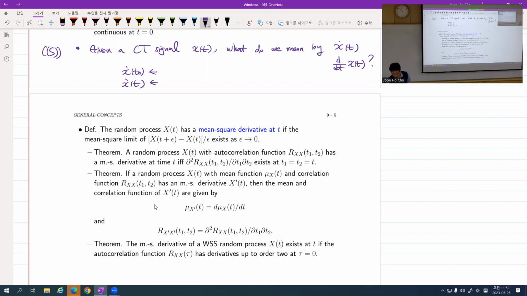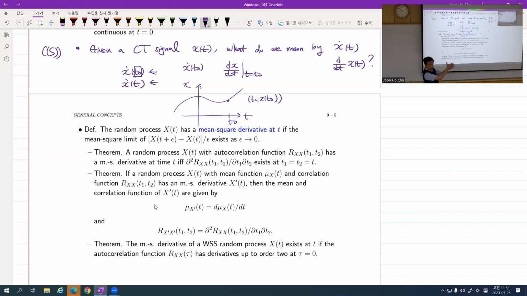So let me ask you, given a function x(t) and you choose some t0, what do you mean by x dot(t0) or dx/dt at t equals t0? You have some very qualitative definition from your high school. What was that? You started from the slope, right? So this is t and this is x. And suppose you have a smooth enough function of t and you choose t0. And here is (t0, x(t0)).